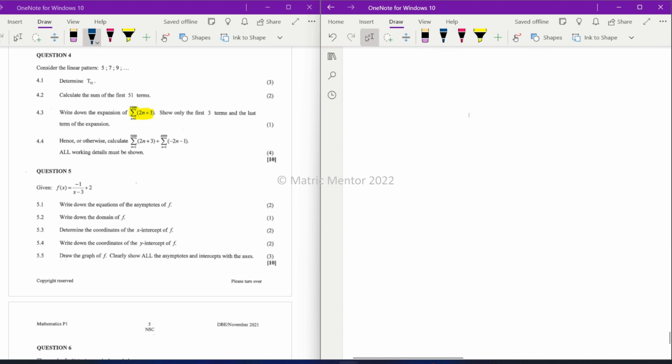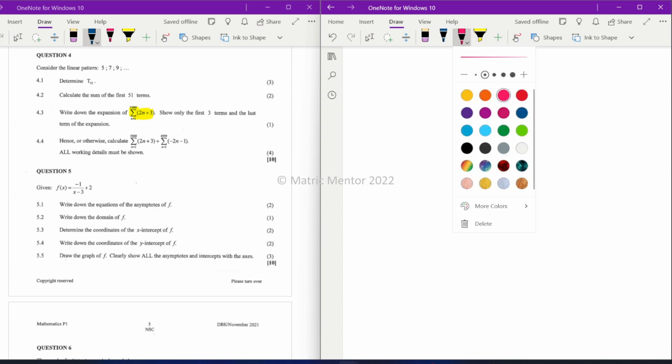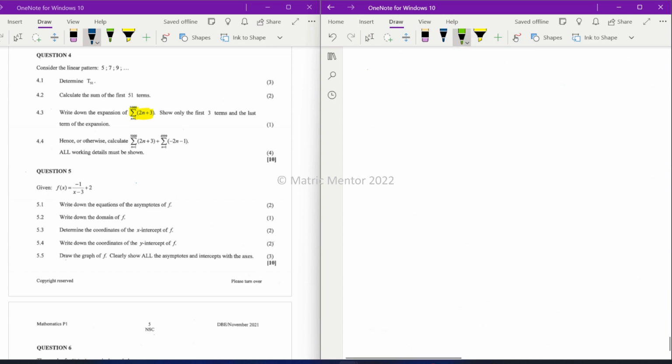An alternative method to this answer would be to use our Sn formula to calculate the sum of these functions. And we can use the Sn formula only because we are starting from term n equals 1 in both sum of functions.